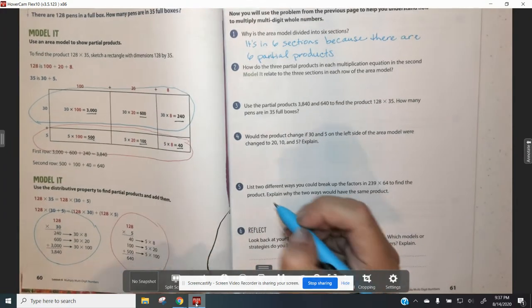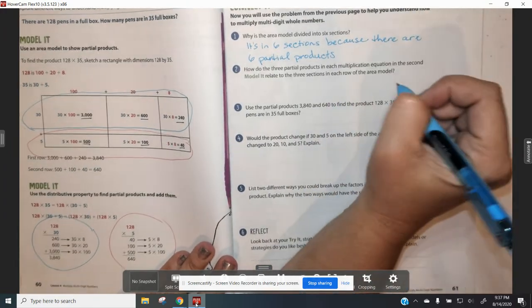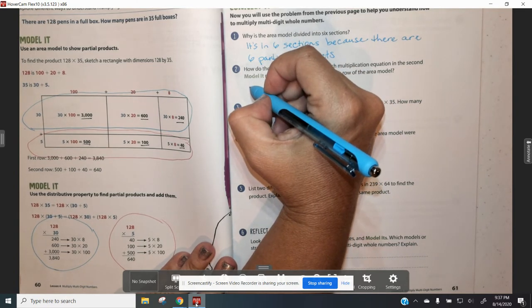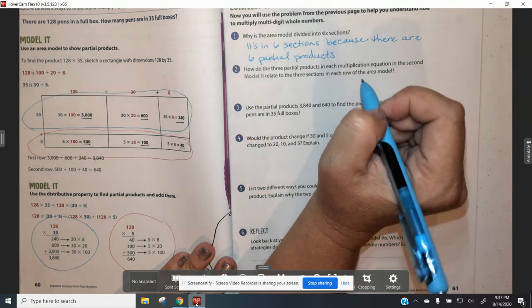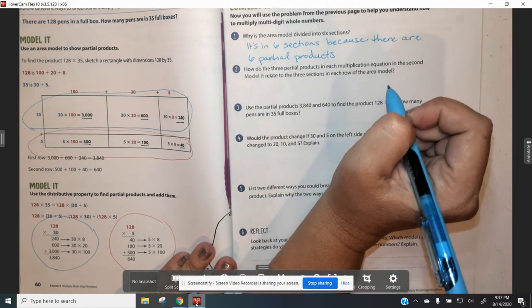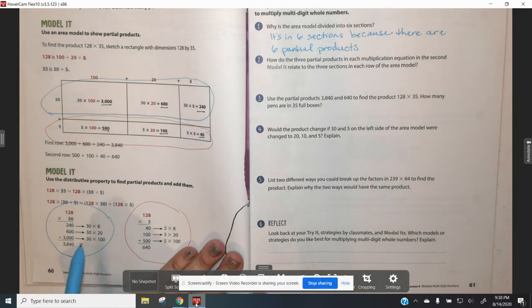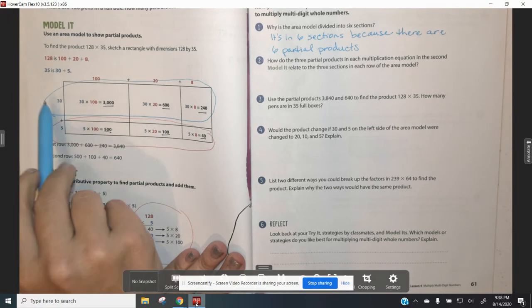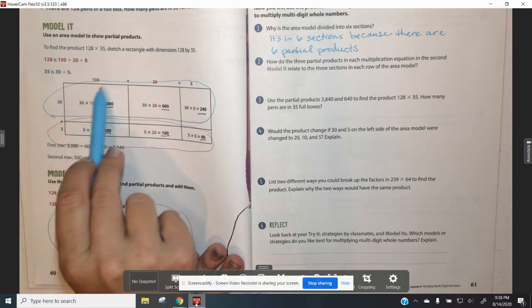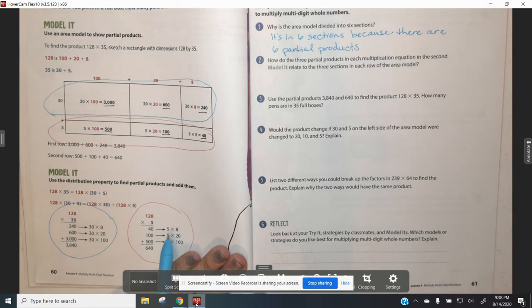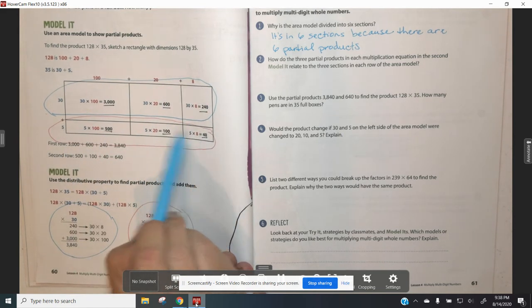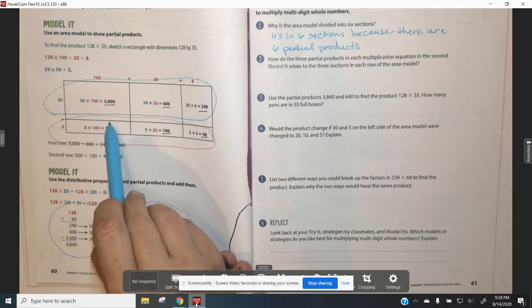All right, so how they relate is that each partial product in an equation is the same as the partial product in one section of each row of the area model. So if you look down here, each partial product in this equation, 30 times 8, 30 times 20, 30 times 100, and 5 times 8, 5 times 20, 5 times 100, is the same.